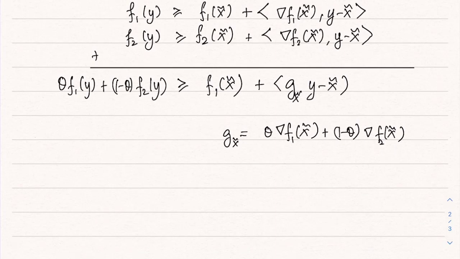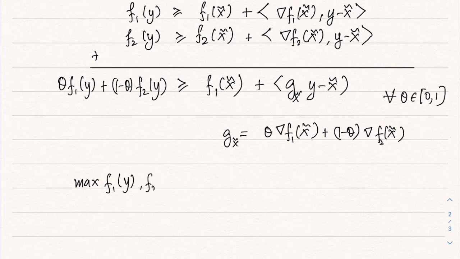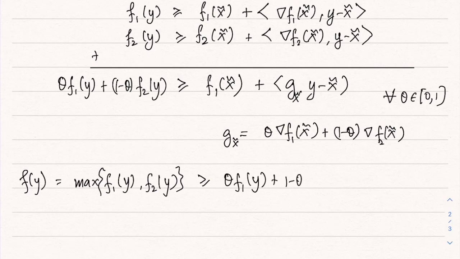Now note one more thing, that this holds for all theta in 0, 1, and further max of f1 of y comma f2 of y, which is actually defined as f of y, the max of these two, is always greater than or equal to their convex combination, right?